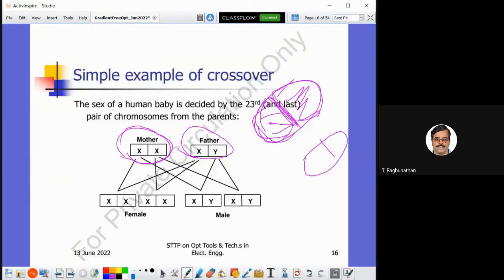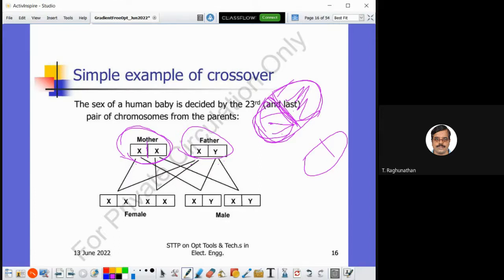I can't say only my gene should be there, mother's gene should not be there. In the same way, mother can't say, okay, I don't want any male, I'll produce a copy of all my genes, 100% of my genes. That's simply not possible.